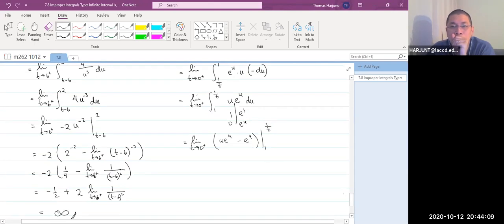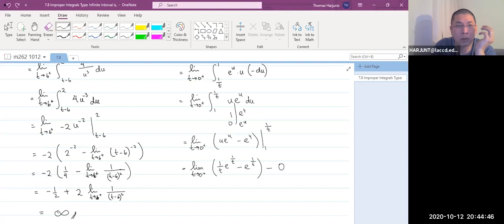This will be the limit as t goes to 0 from the positive side of 1 over t e to the 1 over t minus e to the 1 over t, minus, when u equals 1, that's actually e to the 1 minus e to the 1. Maybe I should write it down properly.